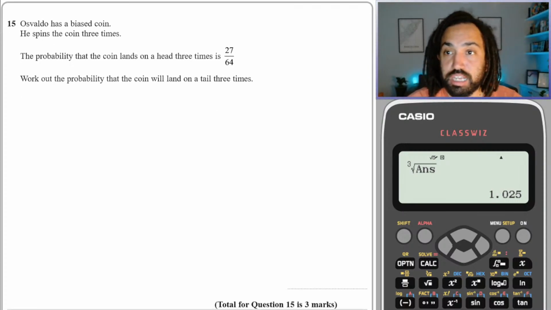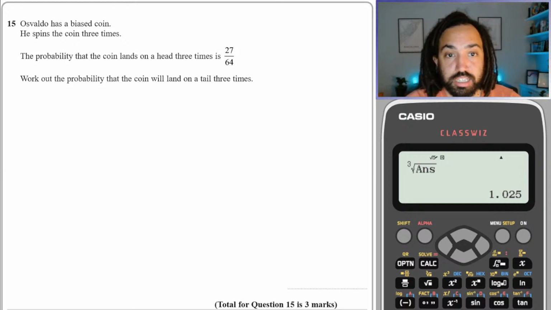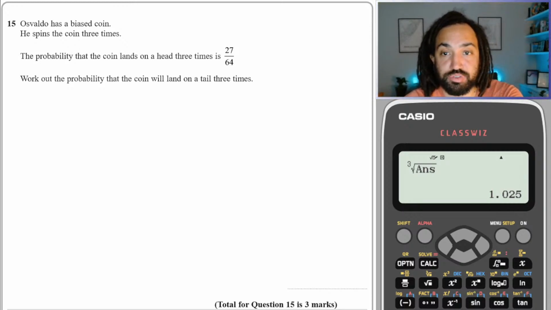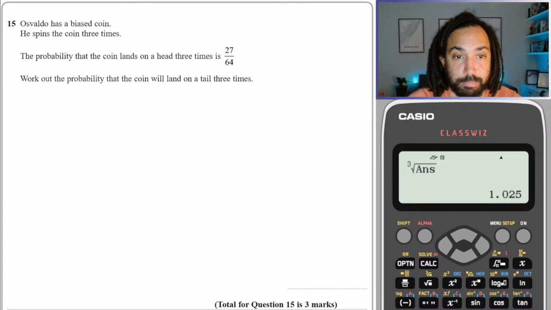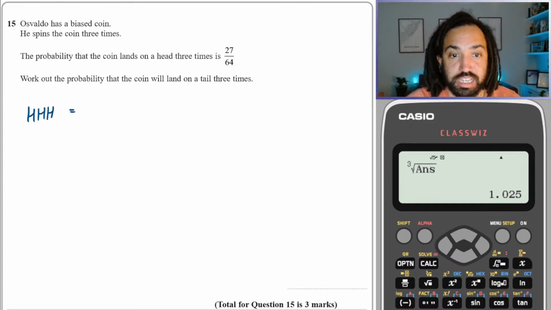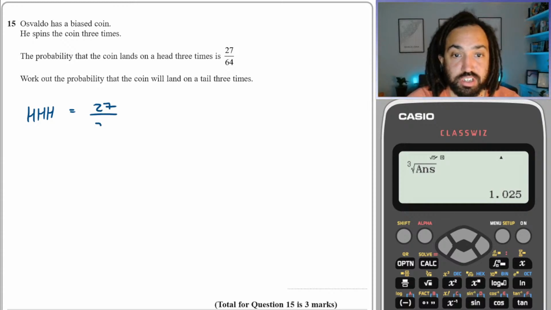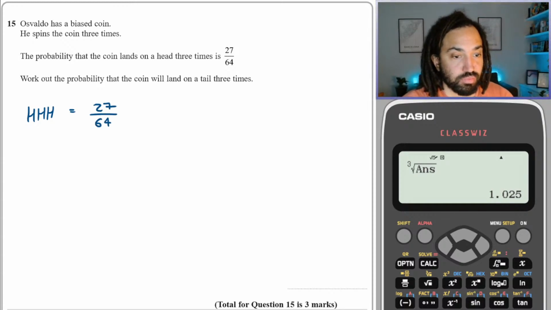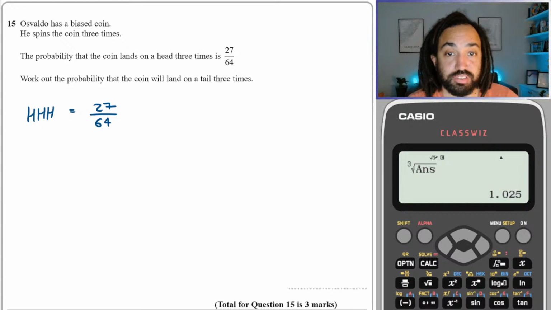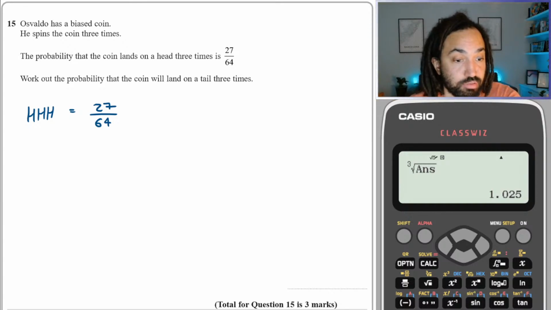Osvaldo has a bias coin. The probability that the coin lands on heads 3 times is given as this. So heads, heads, heads. That equals 27 over 64. How do you do the probability of getting heads 3 times in a row?